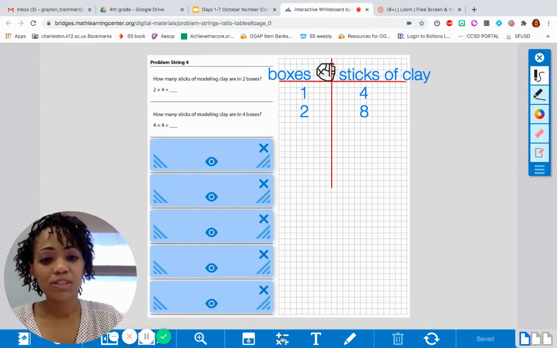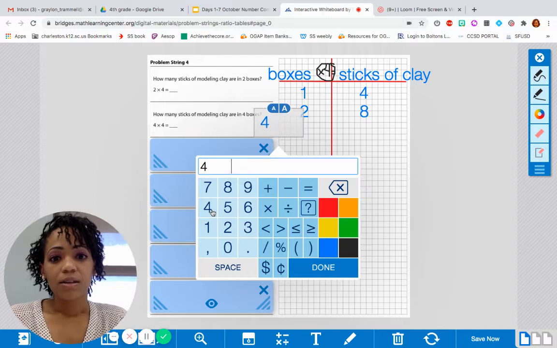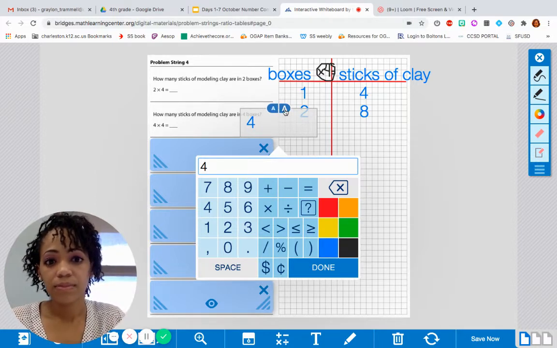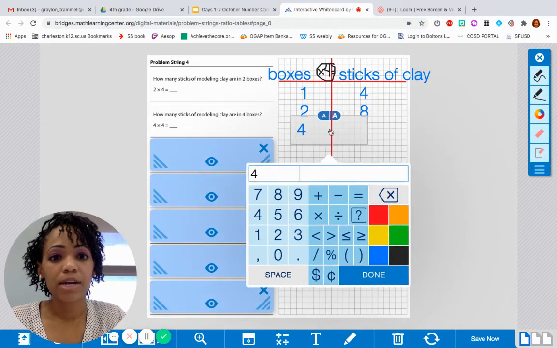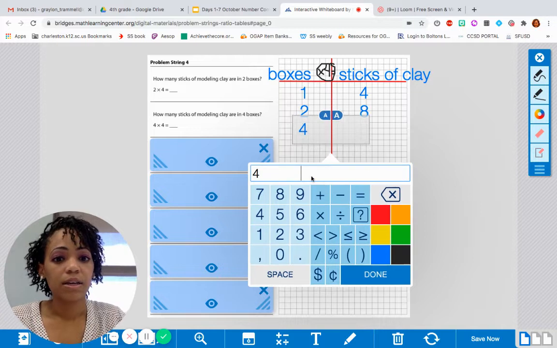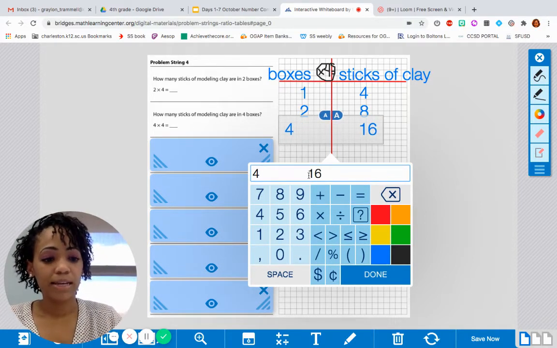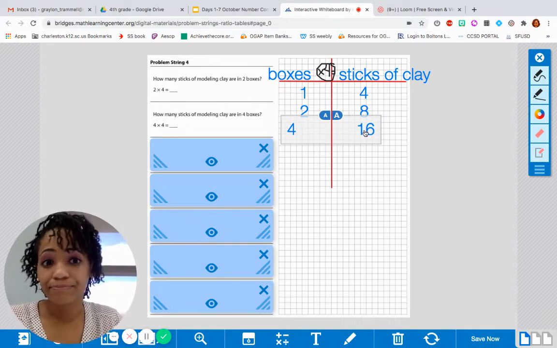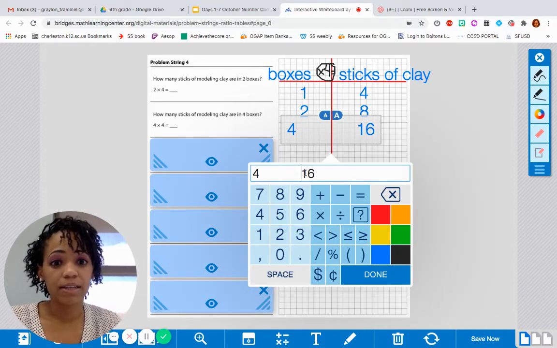So since you guys just solved 4 times 4, let's add it. What is 4 times 4? It's 16. So I'm going to have 4 here, and then I'm going to add 16. Now, what if I were to ask you how these numbers are related? What would you say?